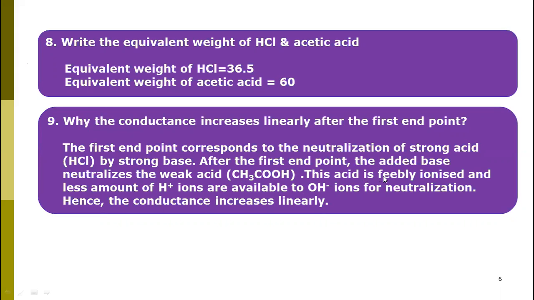This acid is feebly ionized, and fewer H+ ions are available to OH- ions for further neutralization. So the conductance increases linearly. This is the reason why there will be a linear increase after the first endpoint.